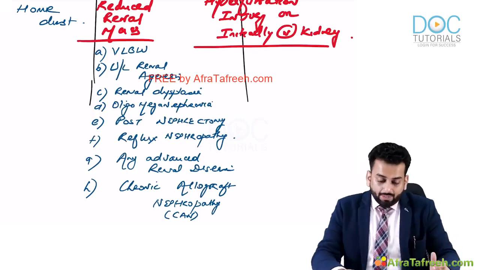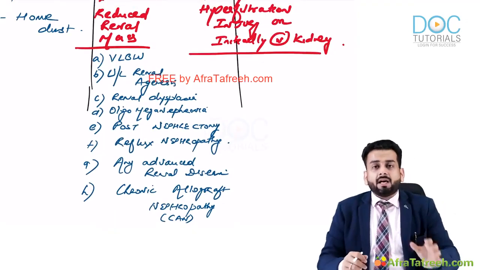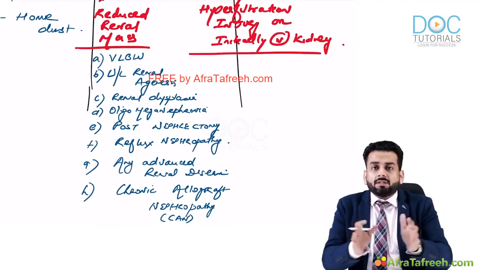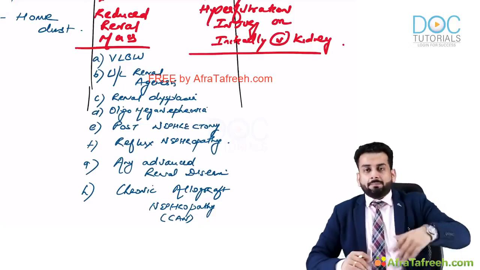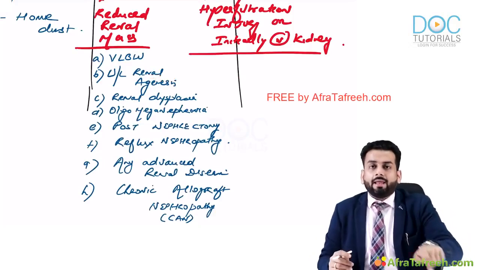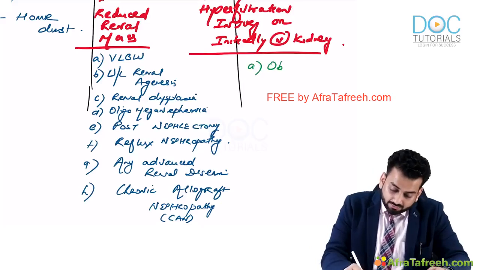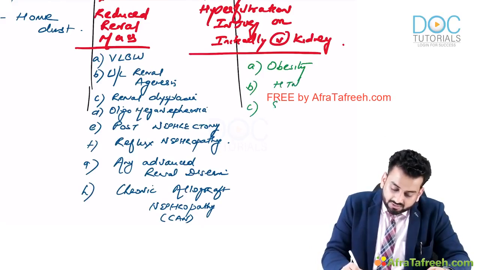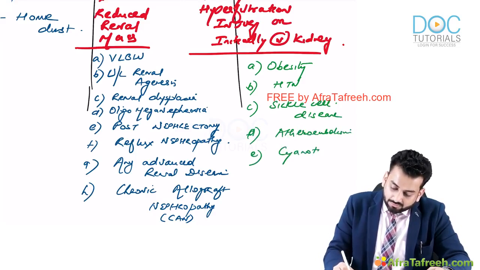Now, on the other hand, if there was a normal renal mass initially, but due to some other conditions the patient had a hemodynamic stress on the kidney, the patient started hyperfiltration to compensate and ultimately landed in FSGS. What are those conditions? Very, very important. Obesity, hypertension, sickle cell disease, atheroembolism, cyanotic heart diseases.